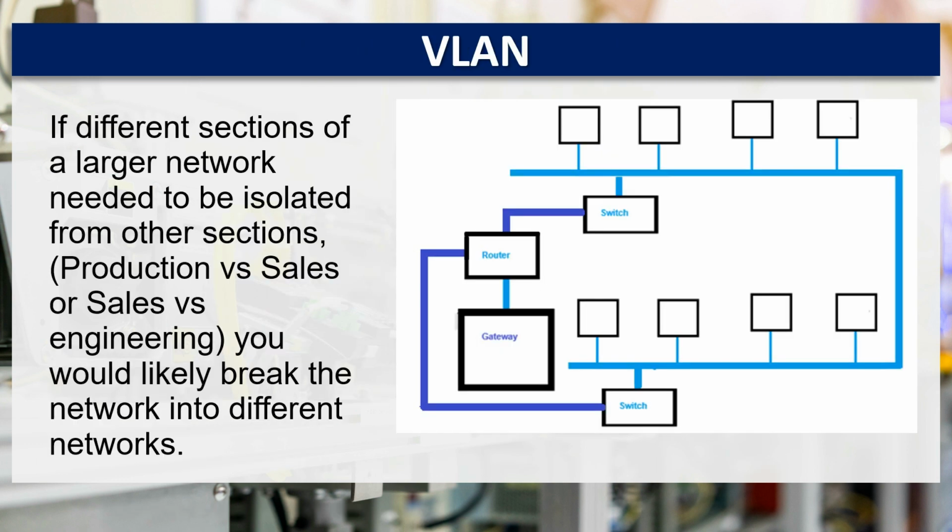If different sections of a larger network needed to be isolated from other sections, for example, production versus sales, or sales versus engineering, or accounting versus production, you would likely want the network broken into different networks.